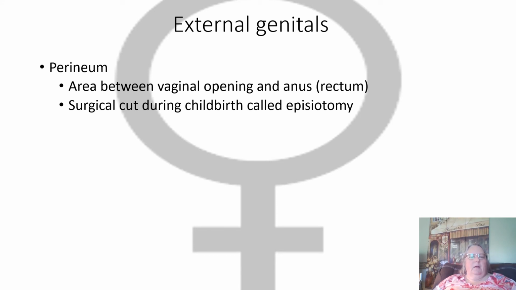Now the perineum is located between the vaginal opening and the anus or rectum. It's what's surgically cut during childbirth. It is called an episiotomy, and it opens up the vagina to help the baby come out.